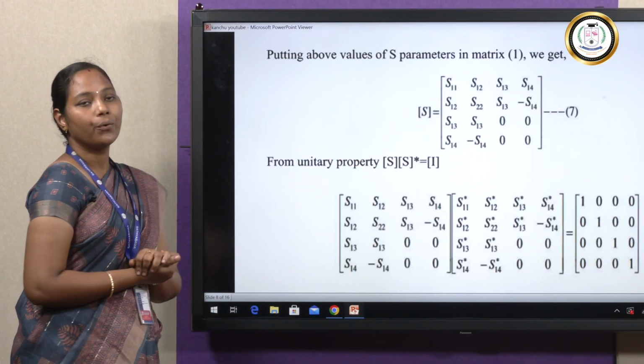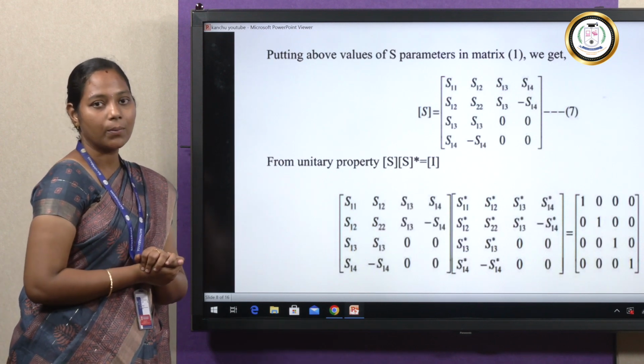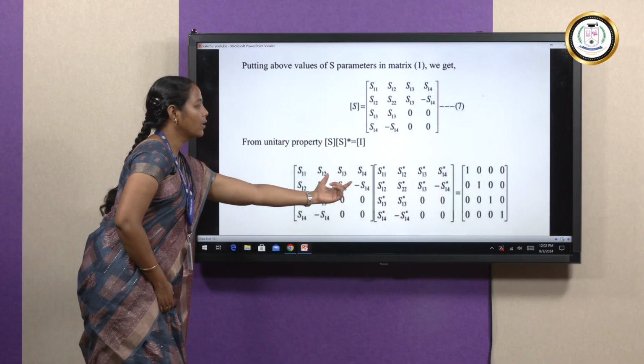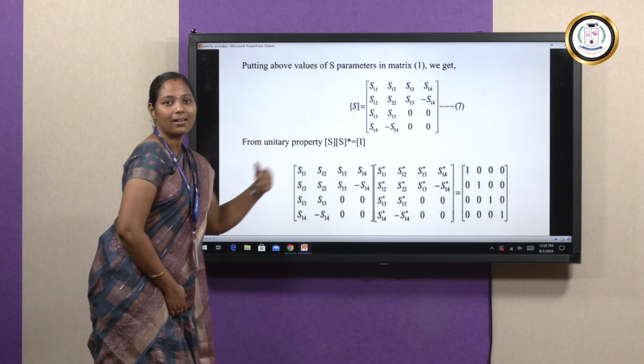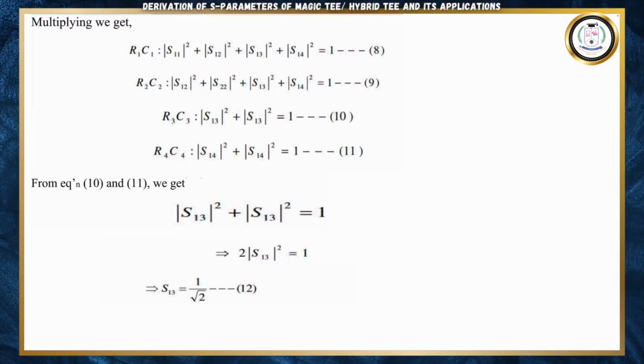The next thing is, you know the unitary property: S times S conjugate equals I. So we have to write it like this. We write the S matrix and its complex conjugate, and the corresponding unitary matrix is written over here. Next, we have to calculate the row 1 and column 1 values.